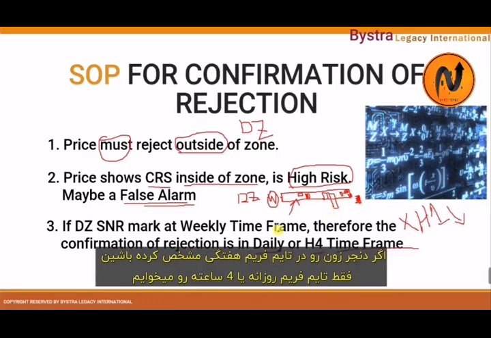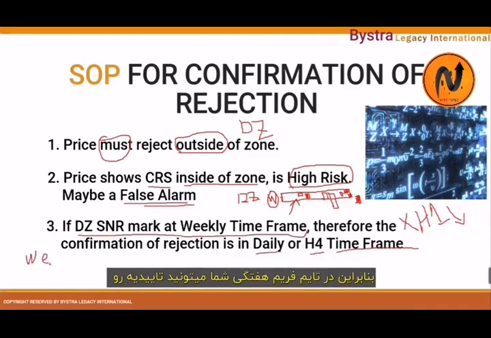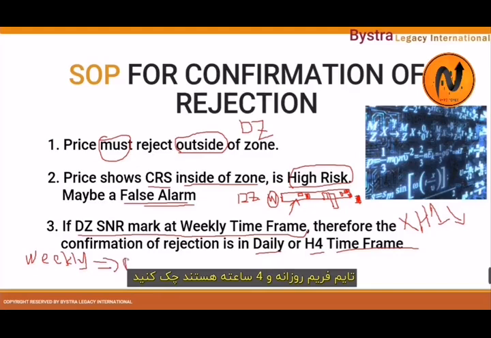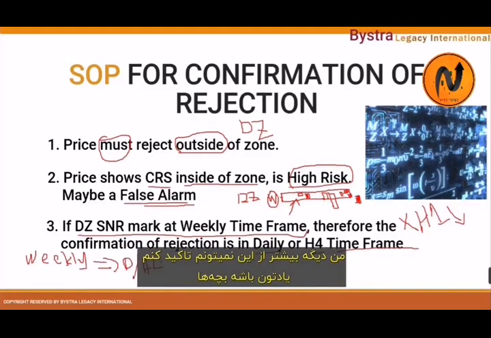We only want the daily or the H4 time frame if you mark the danger zone at the weekly time frame. So weekly, you can check the confirmation at 2 time frames and below, which is the daily or the H4.